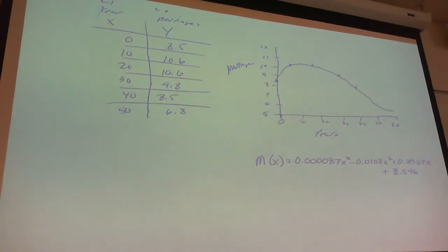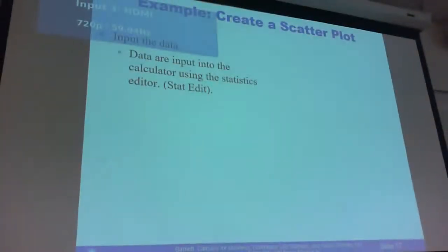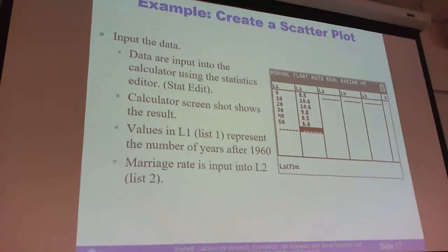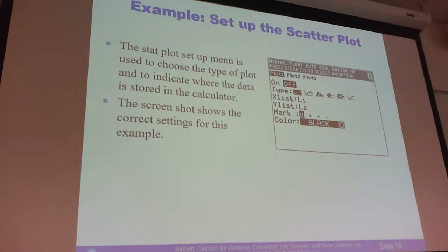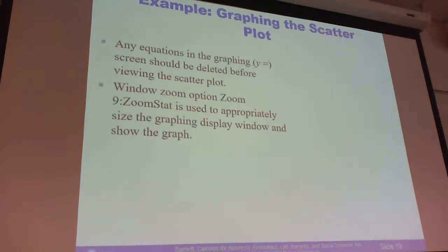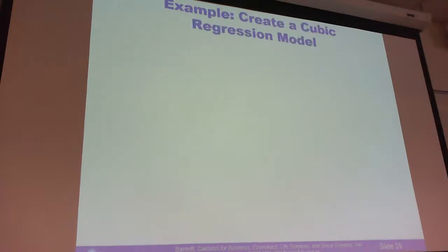Okay? Perfect. So, we made the scatter plot. All the steps in the slides, put the data in. List 1, list 2. Set up the scatter plot. Use plot 1. Notice they use Zoom 9. We made our own window. There's the dots.